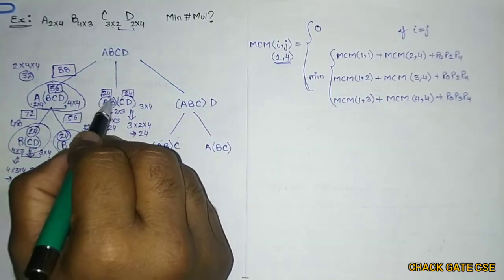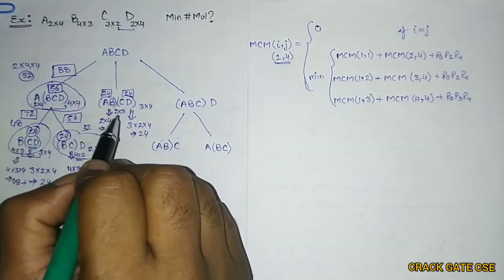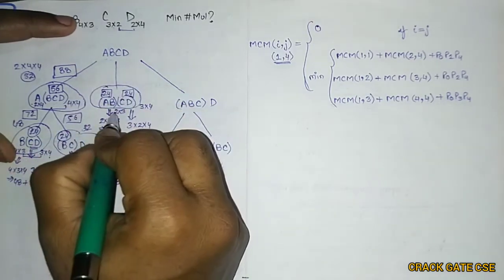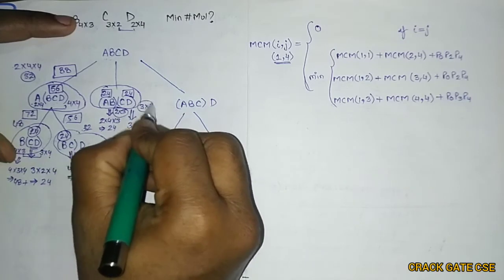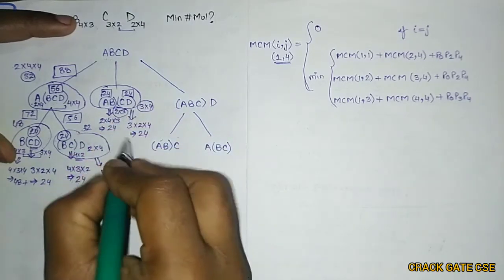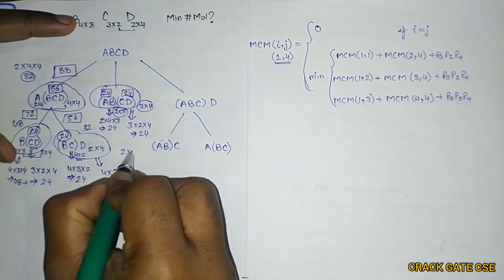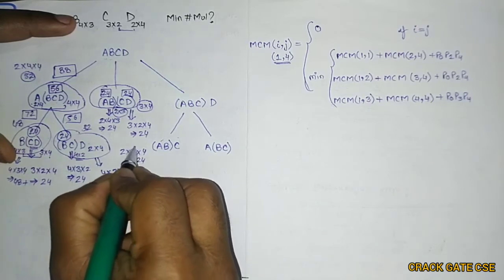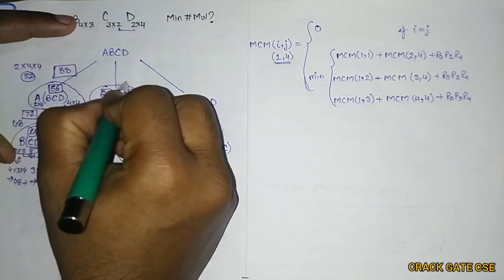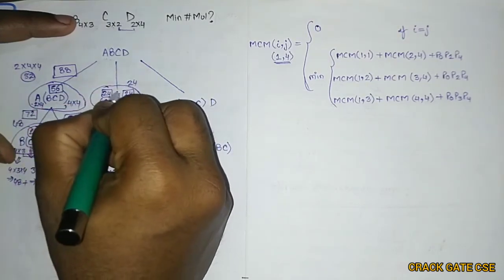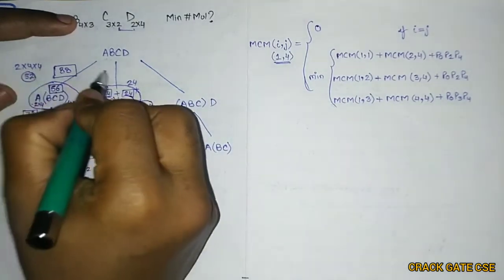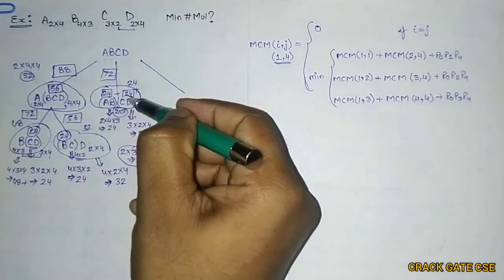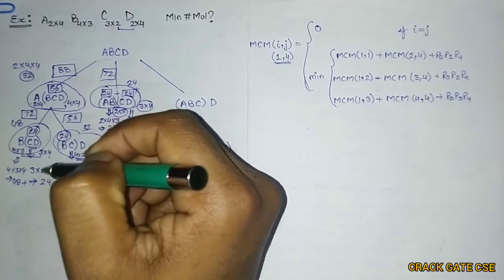Now I have to multiply this AB with this CD. The dimensions are 2 by 3 and 3 by 4, so it will be 2 into 3 into 4, again 24. Now add these 24, 24, 24. It will be 72, right? So this is somewhat better than 88.